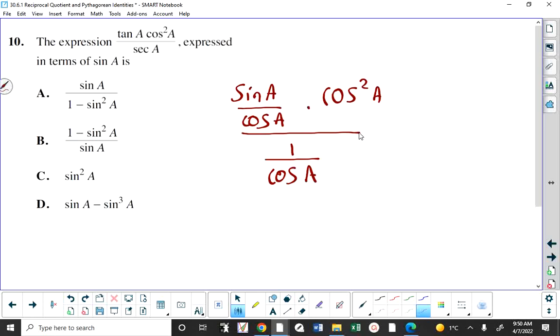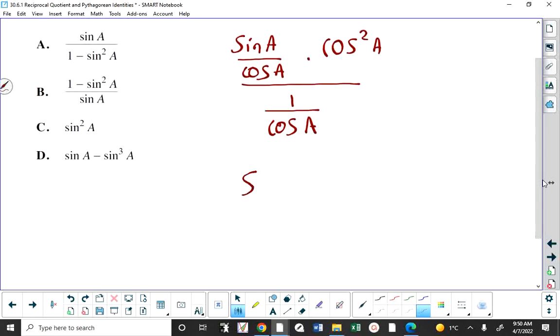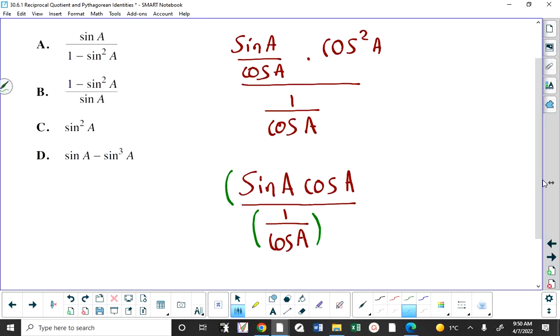Okay. So that gives us sine A cos A on the top over 1 over cos A on the bottom. And we multiply top and bottom by cosine of A to get rid of the cosine of A in the denominator of the denominator.